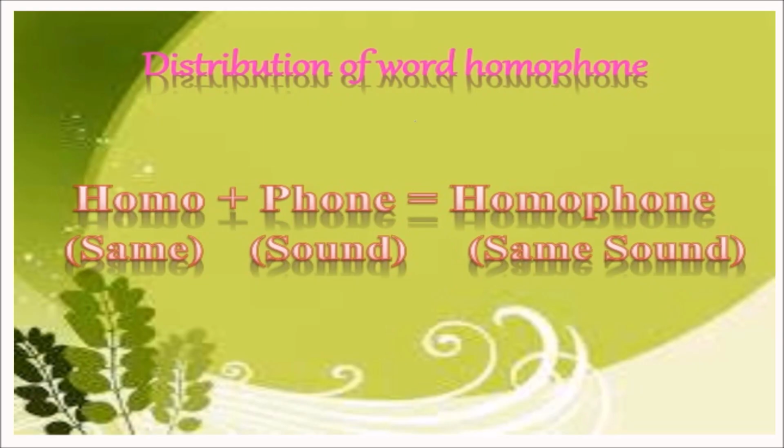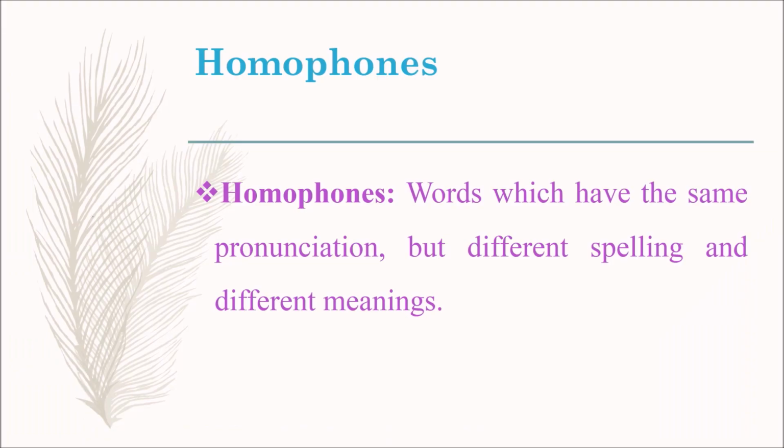First we are going to revise homophones. Homophone is made of 2 words, homo plus phone. Homo means same, phone means sound. Combining them, it becomes words having the same sound. So what is meant by homophones?